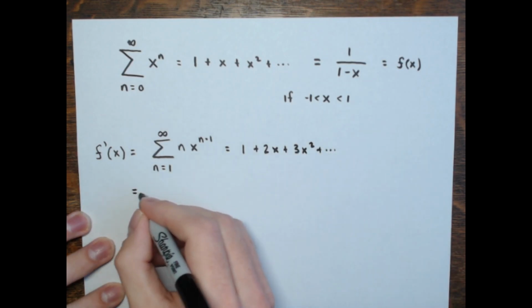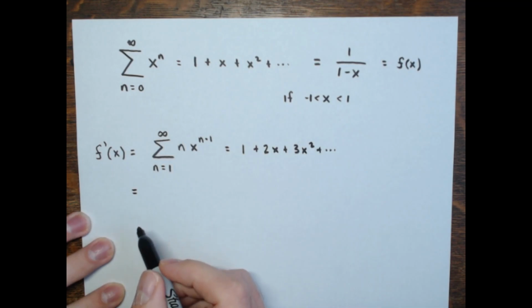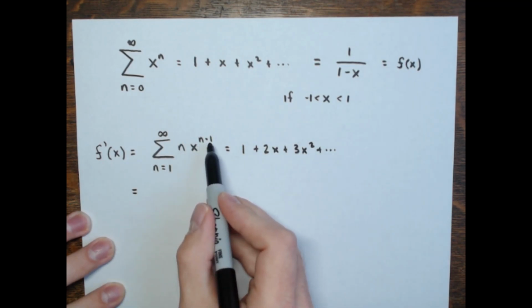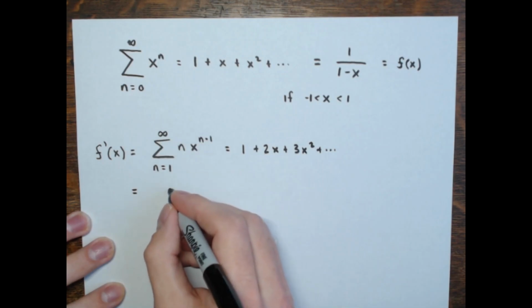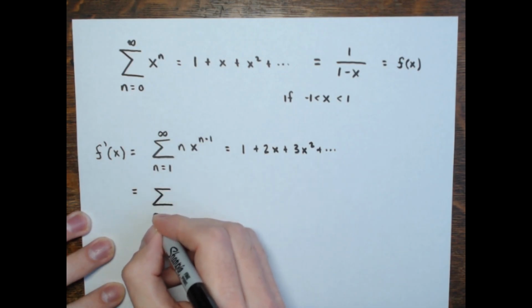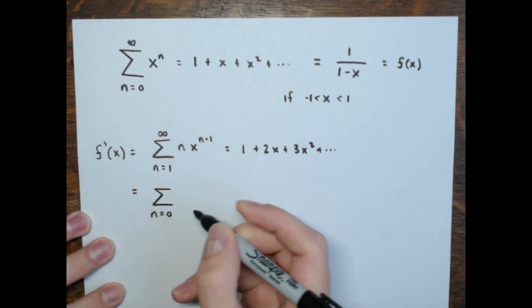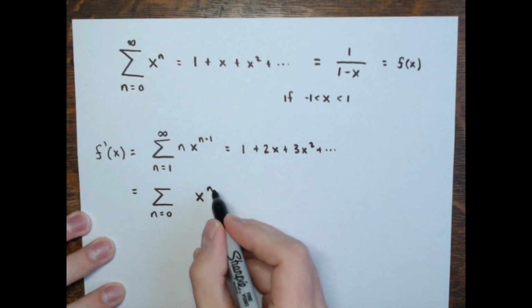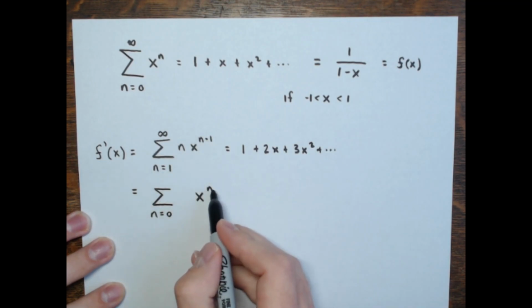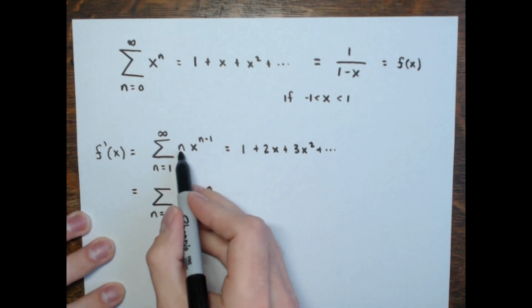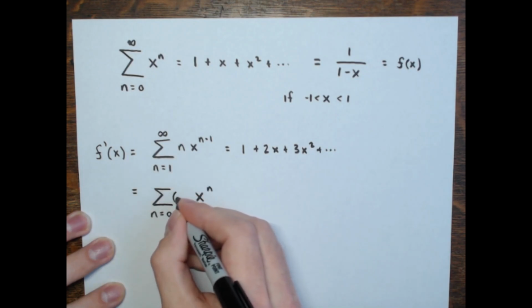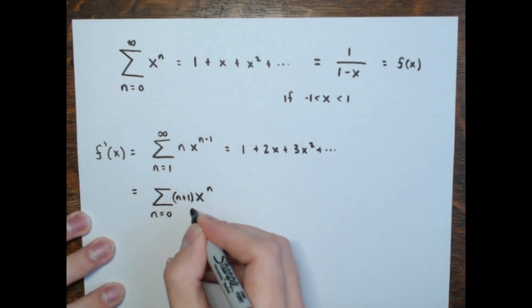Now I could also, if I wanted to have this start at 0, just replace n minus 1 with n. So bear with me here, watch this, right? If I wanted to have my index start at 0, I could have x to the nth, replace n minus 1 with n, but then the coefficient would be n plus 1.